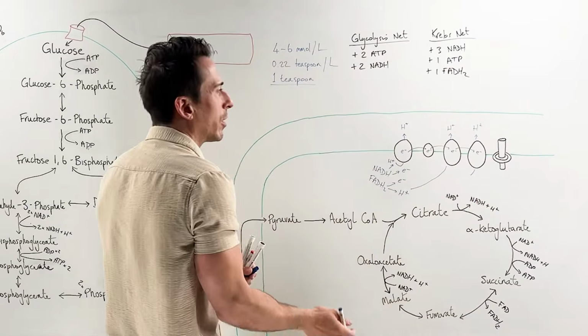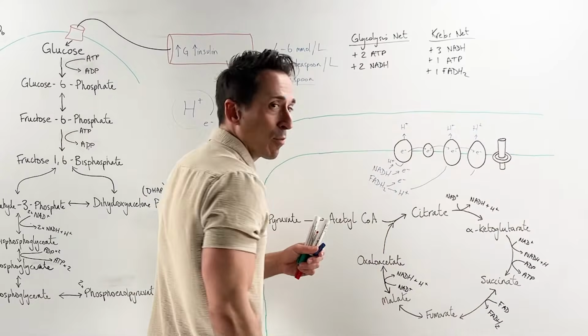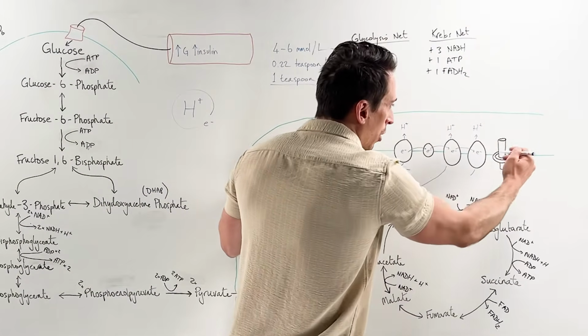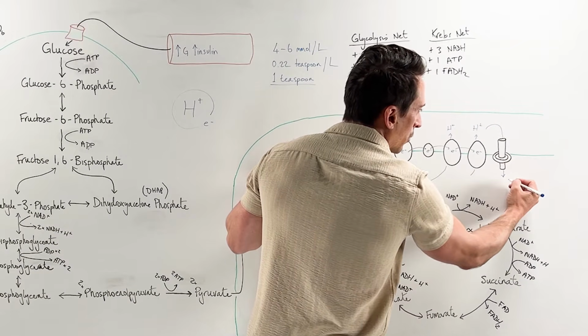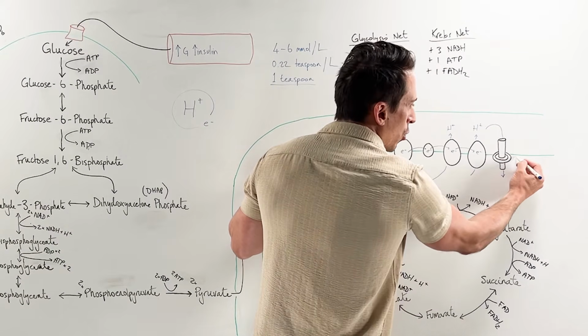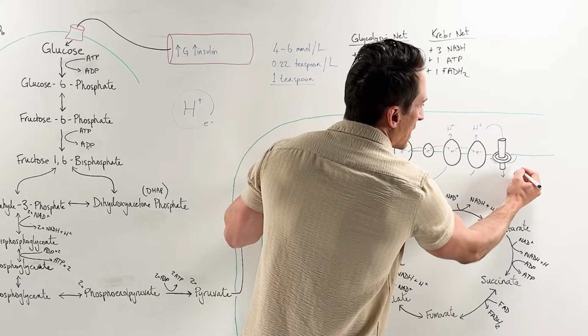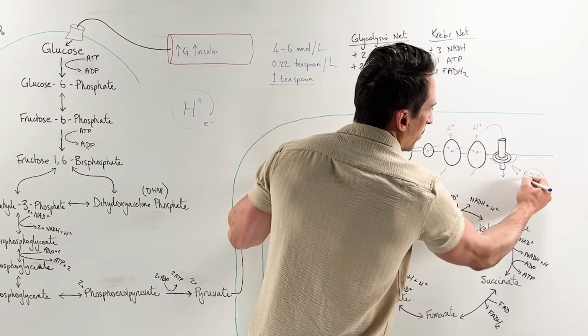So now we've got a hydrogen ion concentration that's high in this intermembrane space. As we know, because of diffusion, these hydrogen ions want to go down their concentration gradient. They move through this amazing thing called an ATP synthase, which turns this turbine, spin, spin, spin, and that generates a huge amount of ATP.